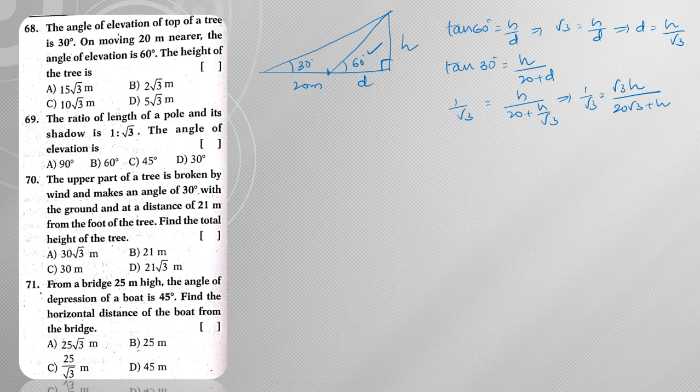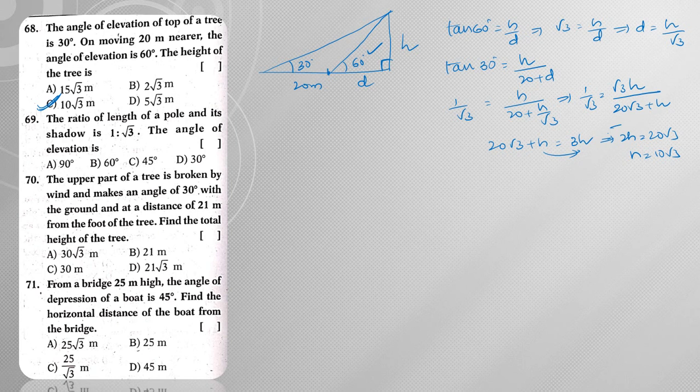If you cross multiply, 20 root 3 plus h is equal to root 3 into root 3 h, which is 3h. So when you transpose this, it becomes 2h is equal to 20 root 3, h is equal to 10 root 3. Then the height of the tree is nothing but 10 root 3.